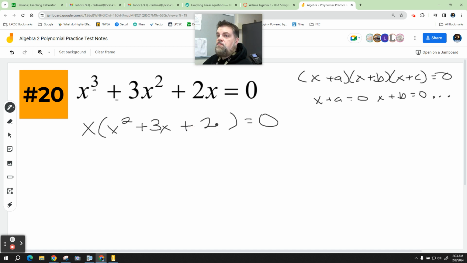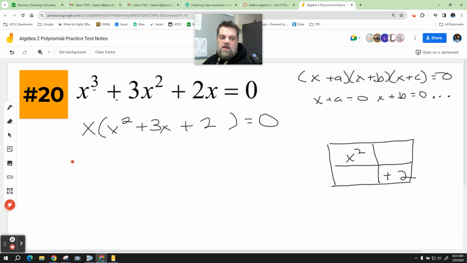Just 2. Okay? So remember, Mr. Adams said we're going to factor until we get down to a quadratic. Then once we have the quadratic, we could do the guess and check method. So draw your grid. What's the first term in the quadratic? X squared. What's the last term in the quadratic? Plus 2.